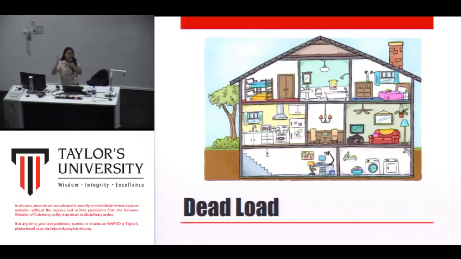2 more. What else can you see? Okay, stairs. Stairs is also considered as a structure itself. 2 more. Something that you attach to the structure permanently. No, not chimney.